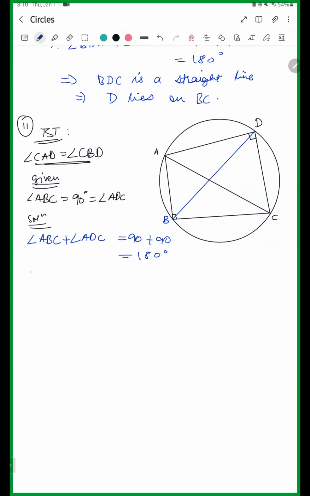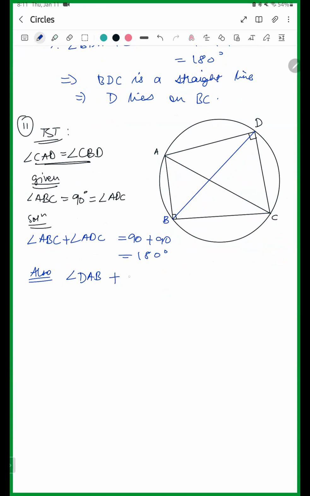So also, what is this angle, this one? DAB, angle DAB, this entire angle, okay? Now we are saying the sum of all the angles of a quadrilateral is 360, right?